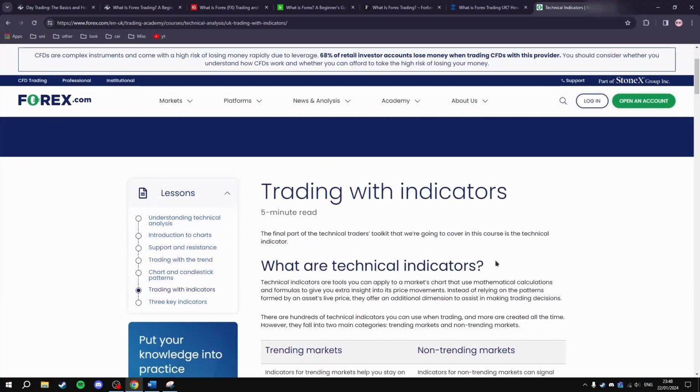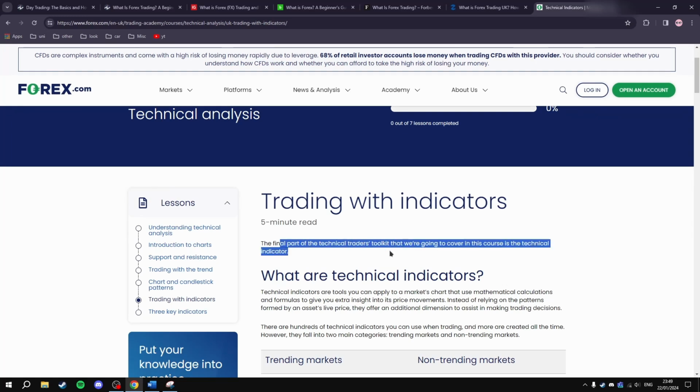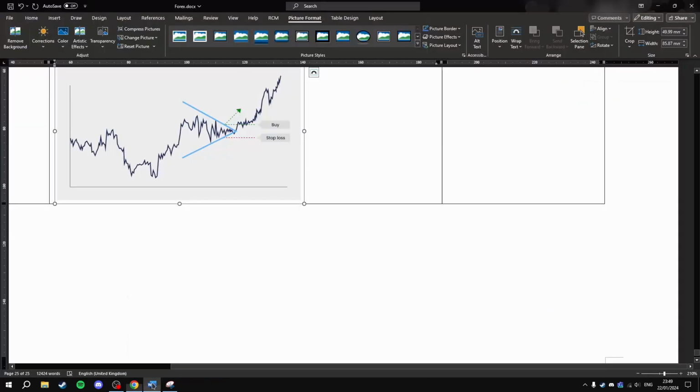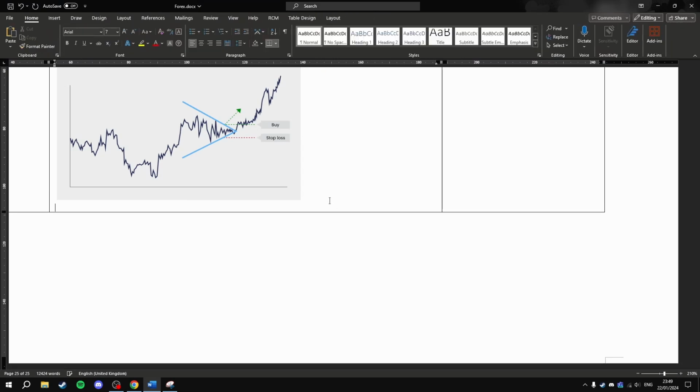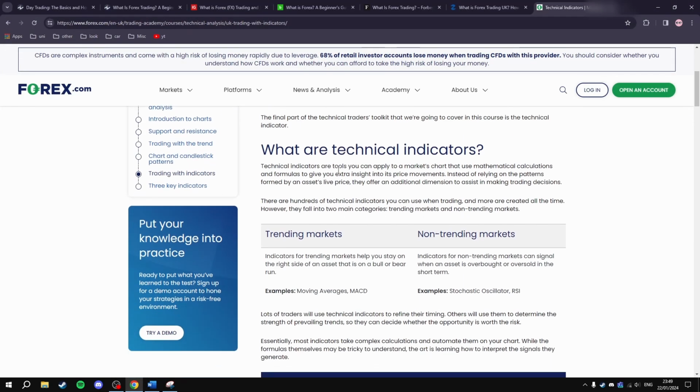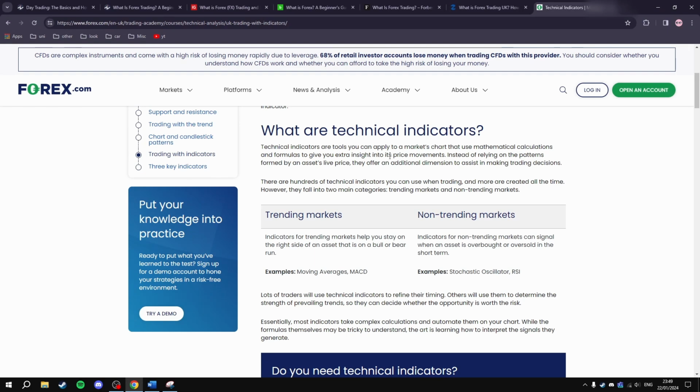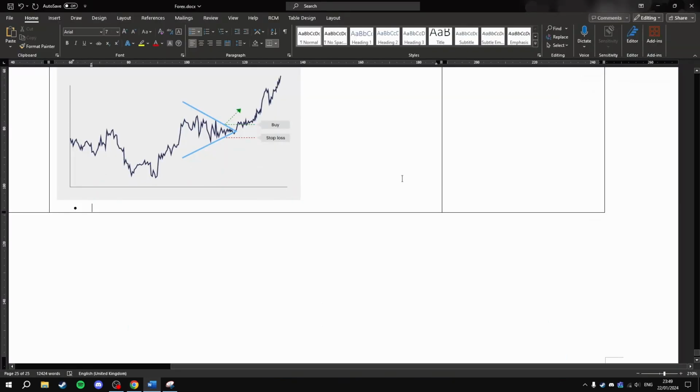Right, okay, trading with indicators. The final part of the technical trader's toolkit that we're going to cover in this course is technical indicators. What are technical indicators? Technical indicators are tools you can apply to a market's chart that use mathematical calculations and formulas to give you an extra insight into its price movements.